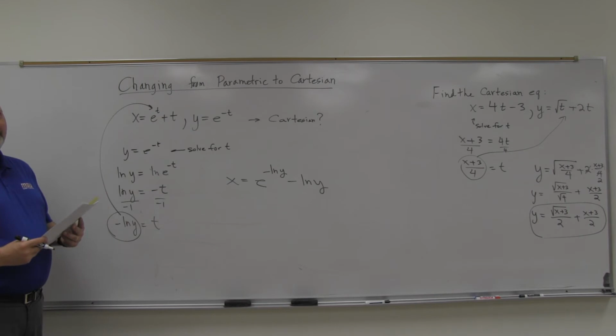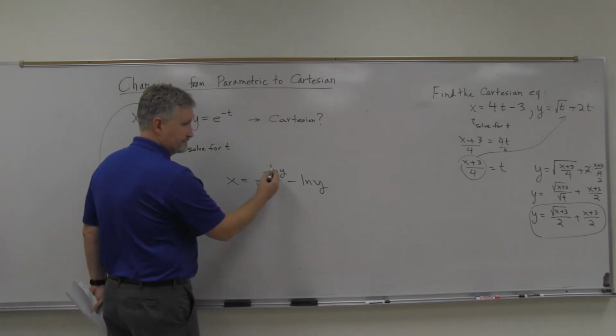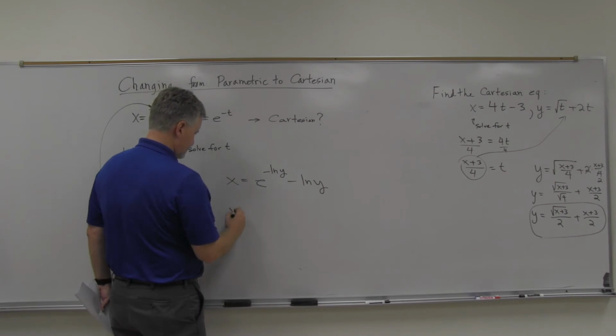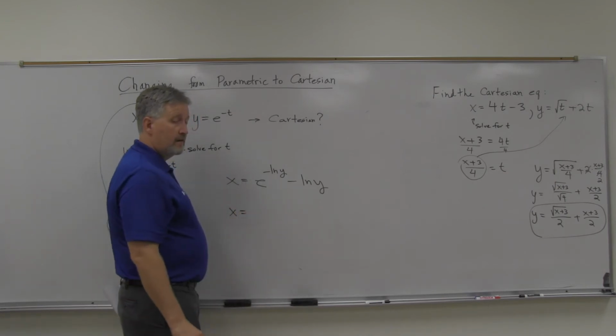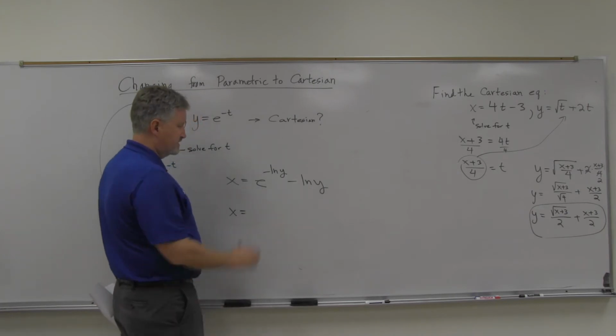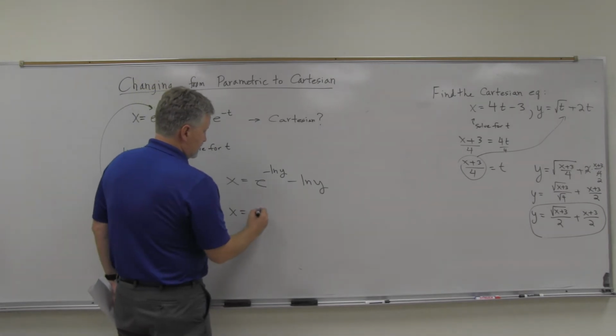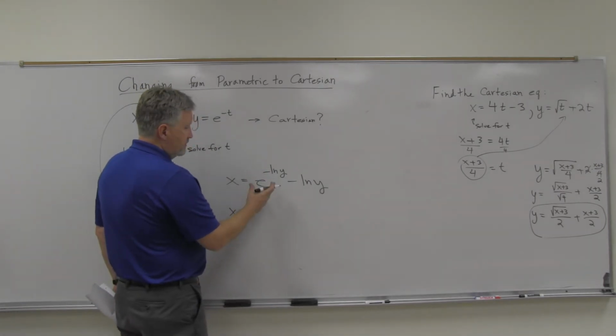We can simplify it though. And that's what I was saying. What, they cancel? Well, you have to be careful. You can't just cancel and make it negative y though. A couple of things we could do.